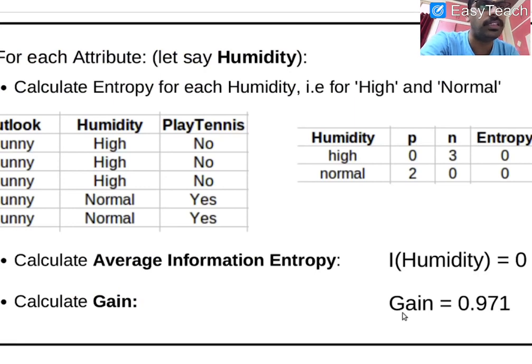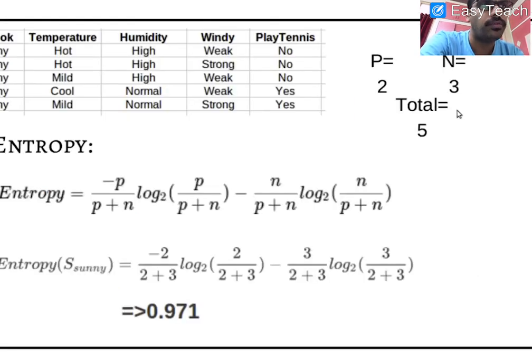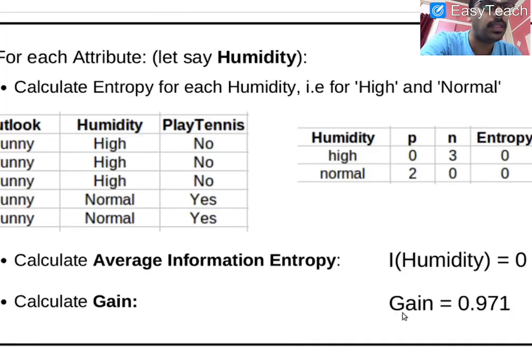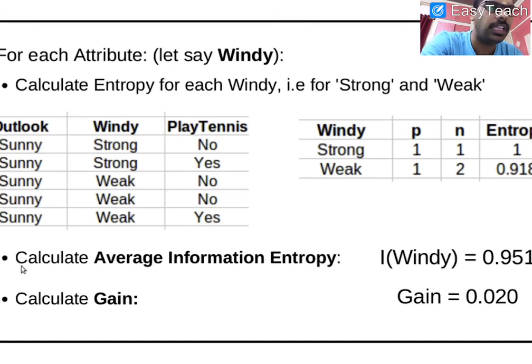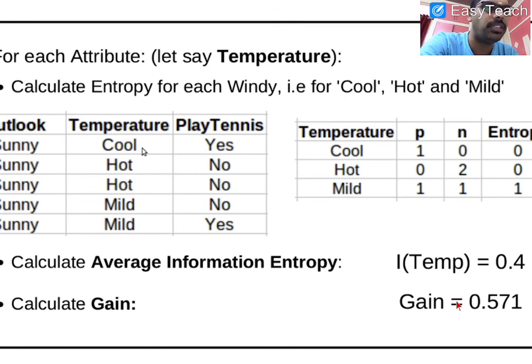And for humidity, again outlook equals sunny, humidity, play tennis. So we calculated average information entropy is 0, and total gain is 0.971, right? And next for windy, the gain is 0.020, and for temperature the gain is 0.571.